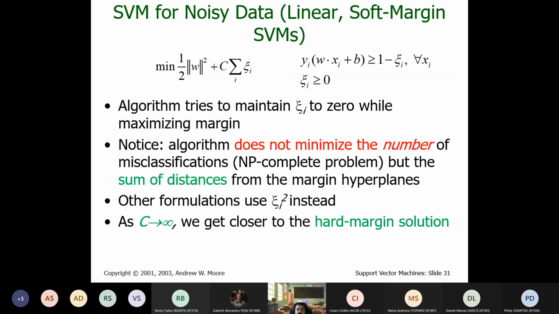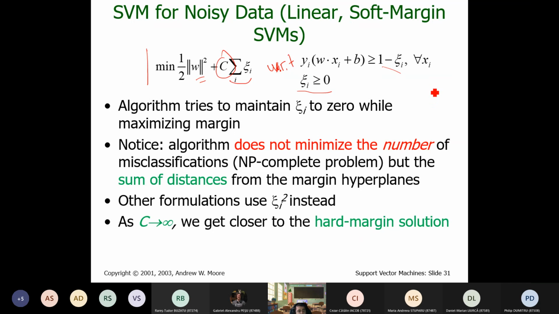So the definition for the noisy data should follow this description: the minimization of the norm plus the trade-off parameter C multiplied by the xi's, the slack variables, with respect to this inequation, yi multiplied by (w xi plus b) to be greater or equal to 1 minus xi, and the xi's should be greater or equal to 0.